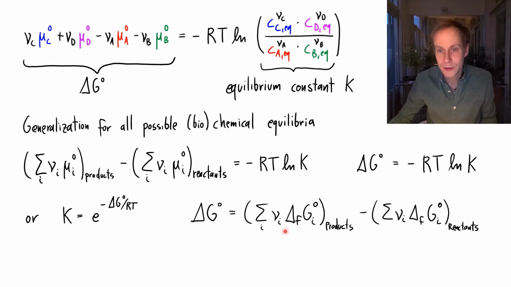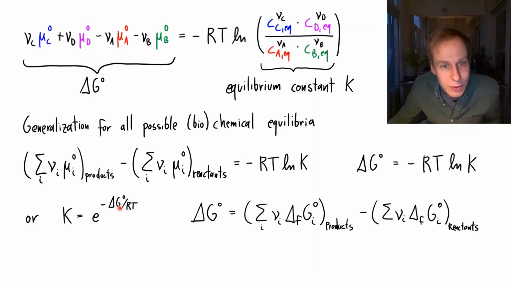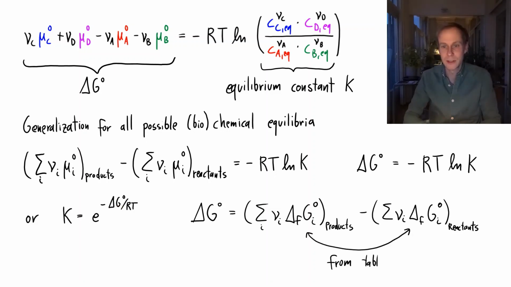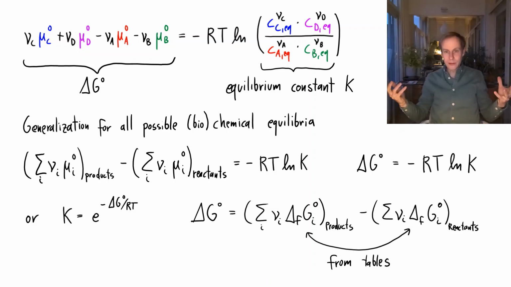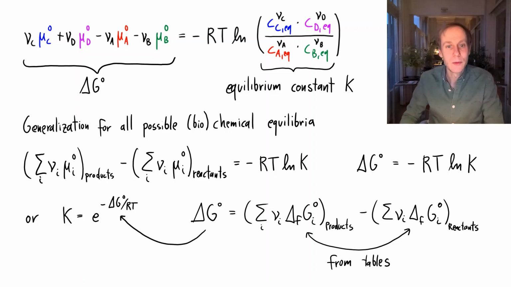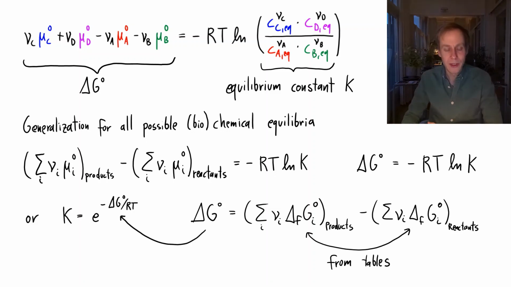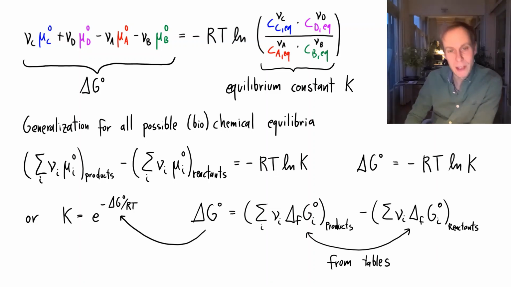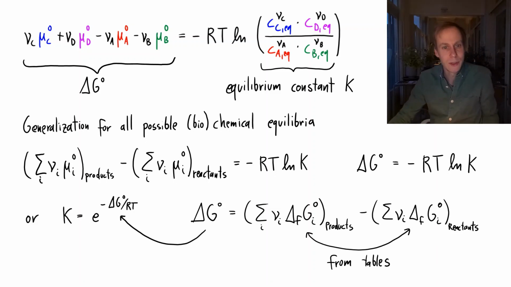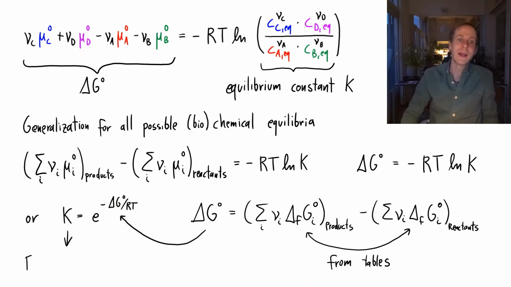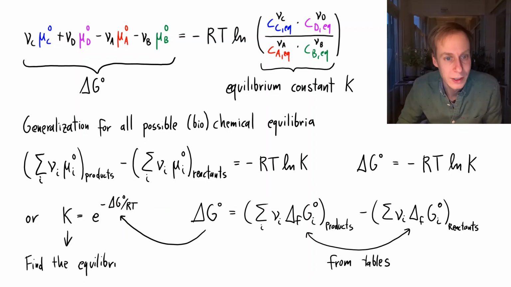And those free energies of formation allow us to calculate the free energy change at standard conditions, which can then be used here, as you see. So we get the free energies of formation from tables, right? And then we plug the resulting value for the Gibbs free energy change at standard conditions into the exponent here, and then we simply get the equilibrium constant.